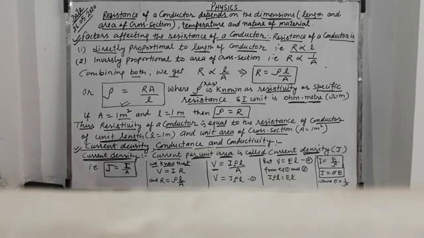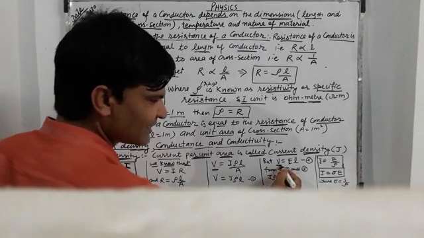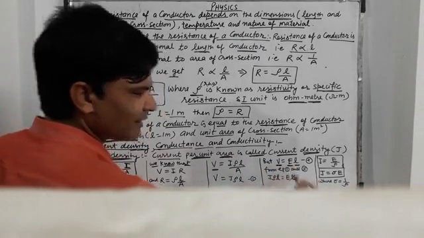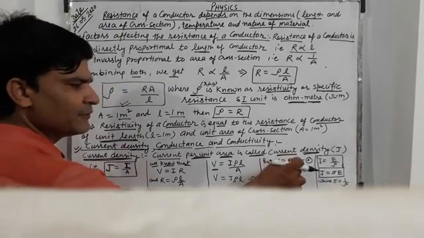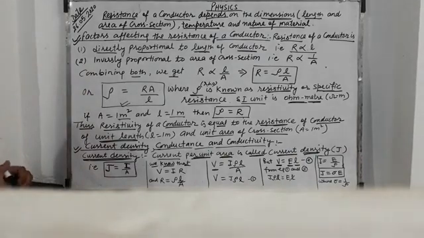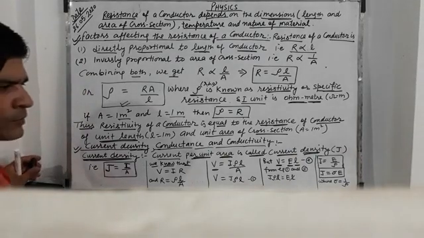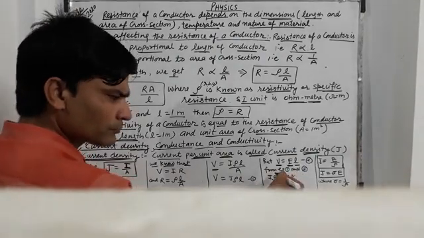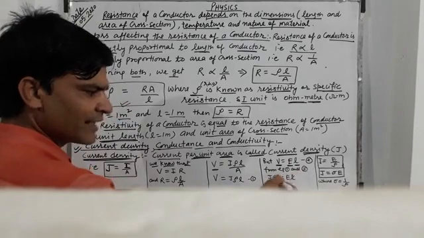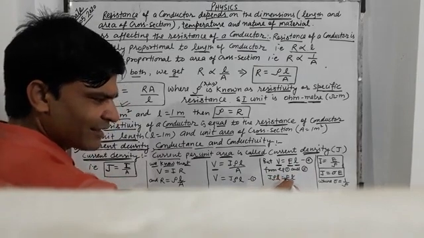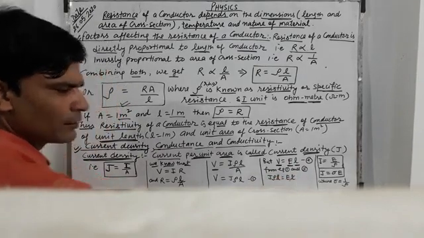Also we know that V is equal to E into L. This is from E is equal to dV upon dL, the electric field is the potential gradient. So from equation 1 and 2, we get J rho L is equal to EL.